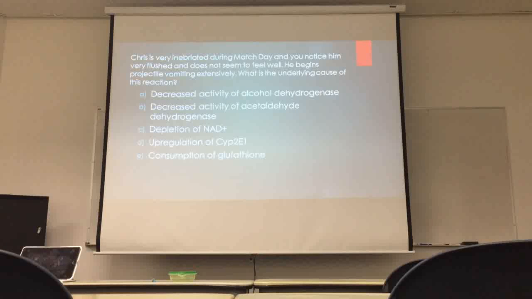Decrease of acetaldehyde dehydrogenase. Okay, why? Well, it's not decreased activity, I think it's overwhelmed. It's like saturated essentially.